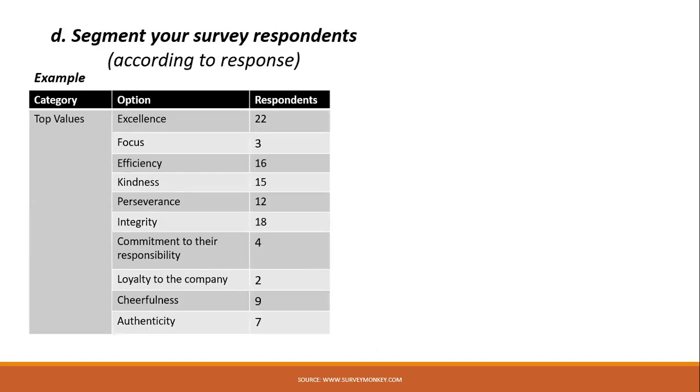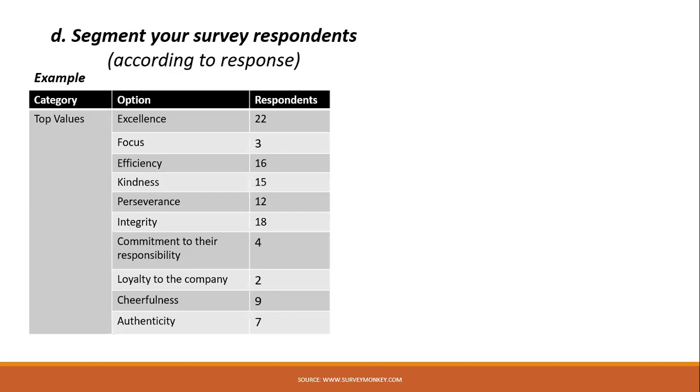Second, you segment your survey respondents according to their response. There are many possible ways to do this. For example, here I listed the top values, and based on the survey results, 22 people chose excellence, then 16 chose efficiency, 18 integrity, 15 kindness, and 12 perseverance.